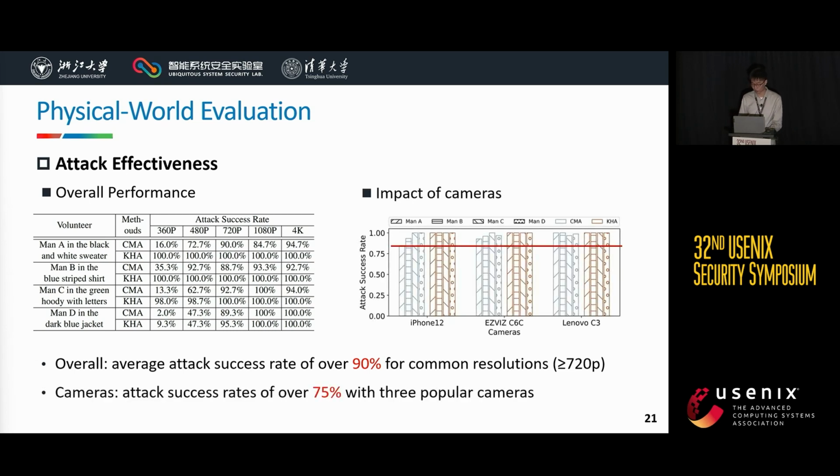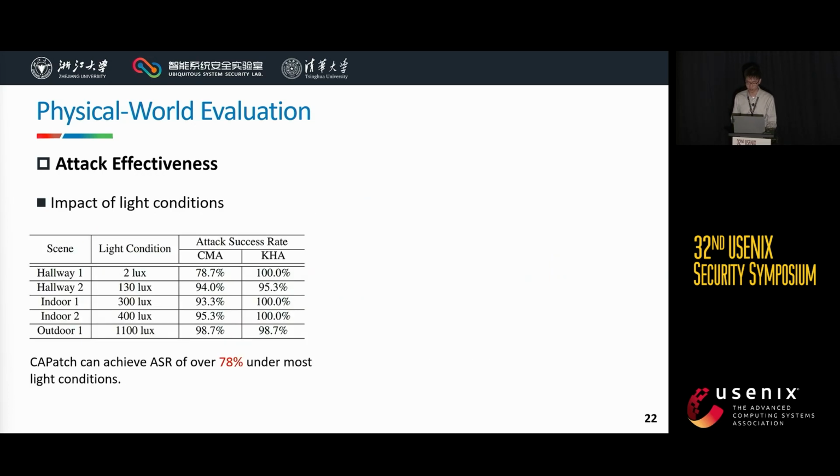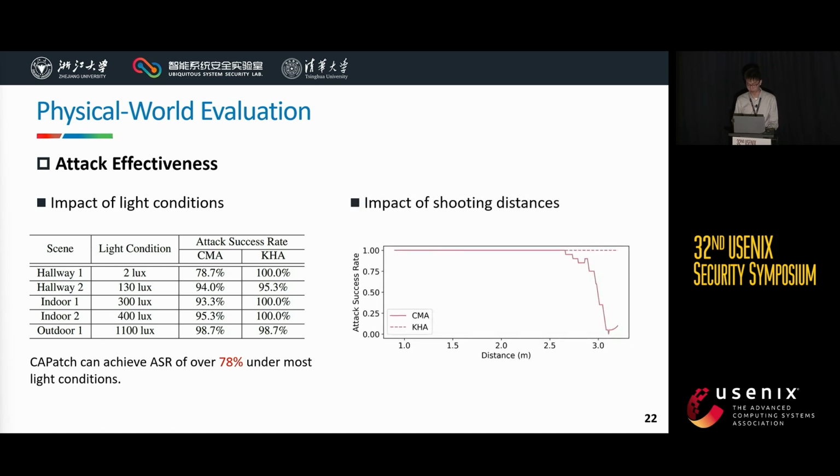From the results, we find CAPatch can work with common resolutions and with 3 representative cameras. We also evaluate the impact of light conditions and distances. We find CAPatch can work in different light conditions and achieve a successful attack when occupying only 3% of the whole image.